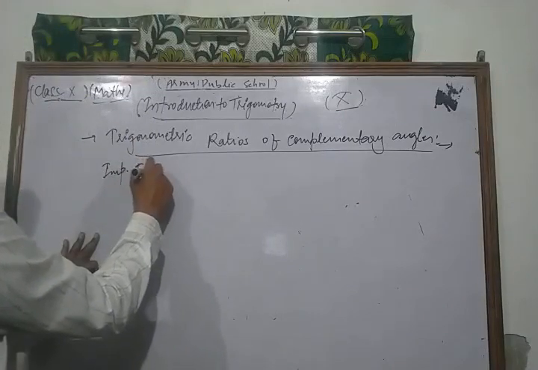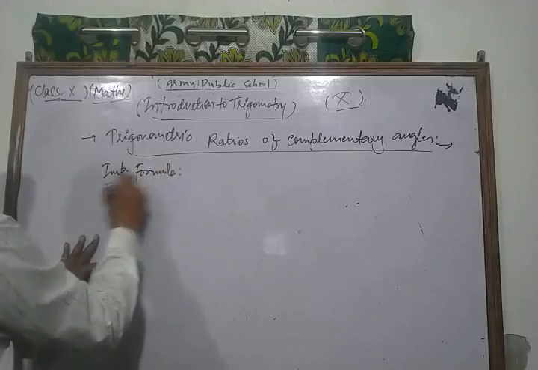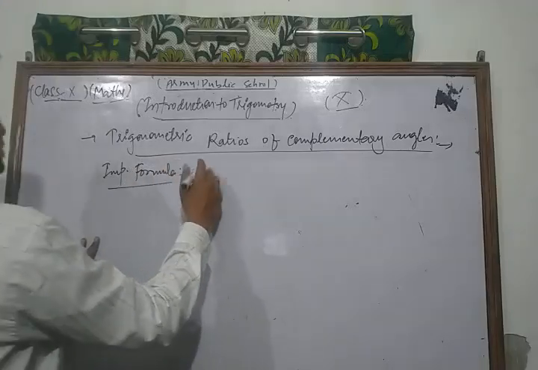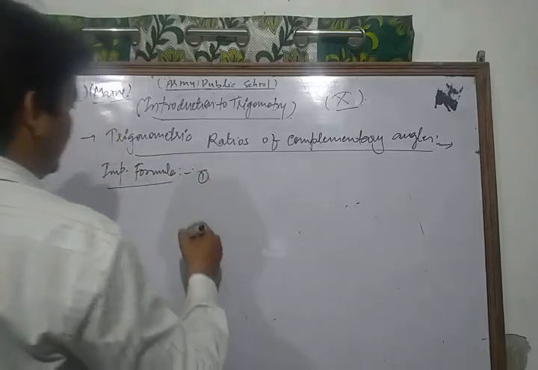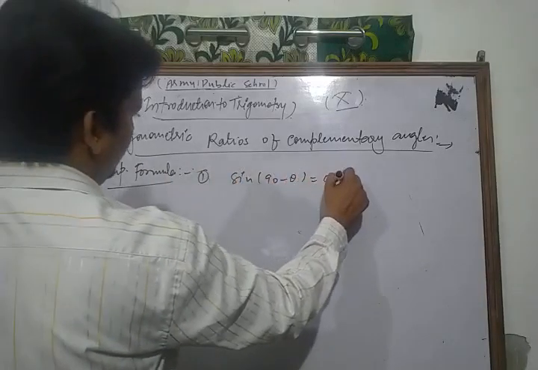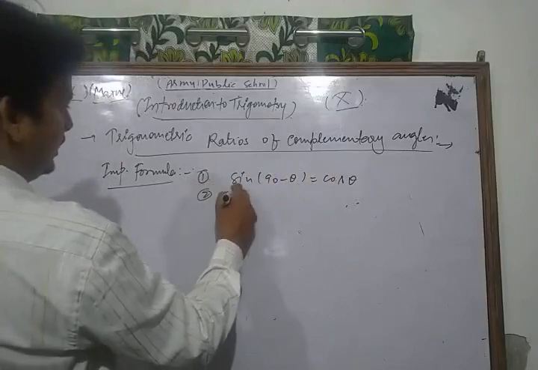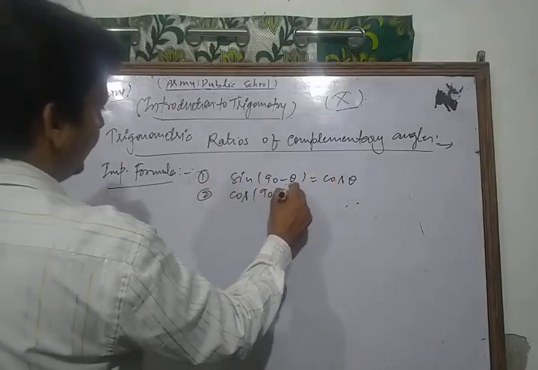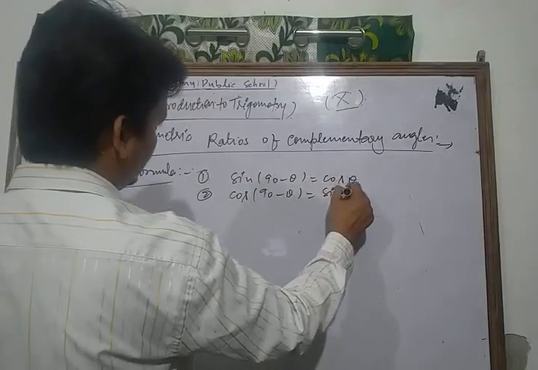Important formulas. First one, sin(90 minus theta) is equal to cos theta. Second, cos(90 minus theta) is equal to sin theta.